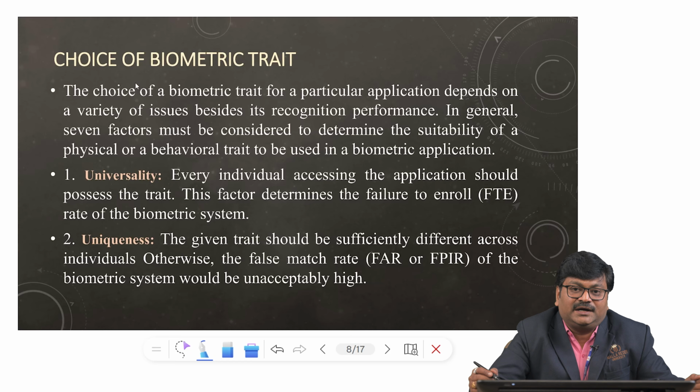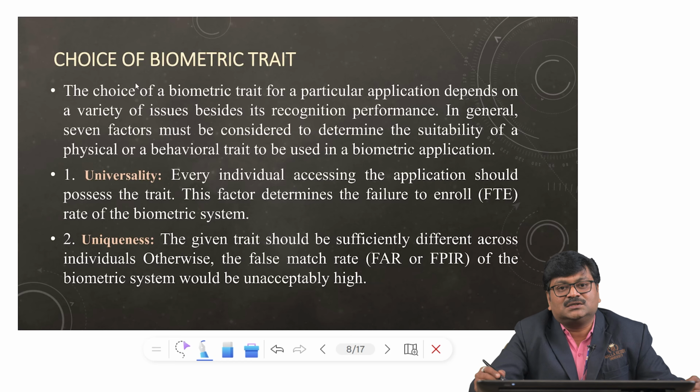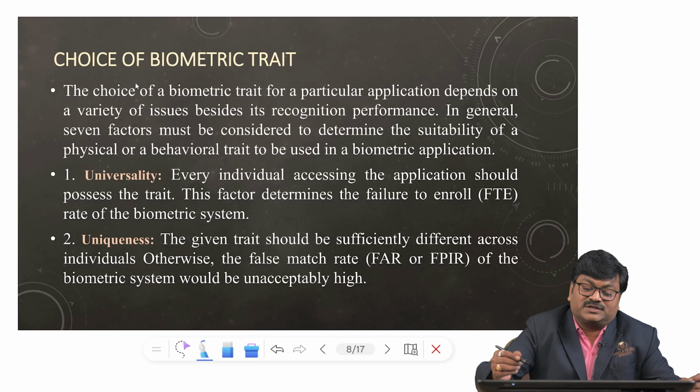designed or defined. Later in the processing system, we come across the choice of biometric trait. So based on applications, we need to go with the trait. As I said, traits are of two types, physiological and behavior traits. So what is the application? As we decided earlier, then we need to go with the choice of the trait.